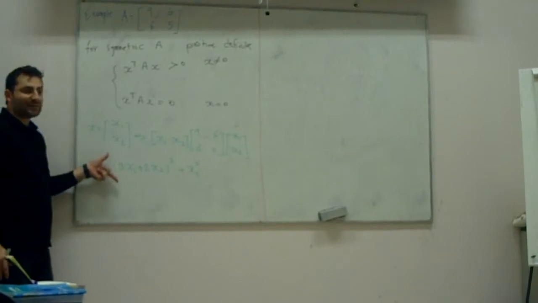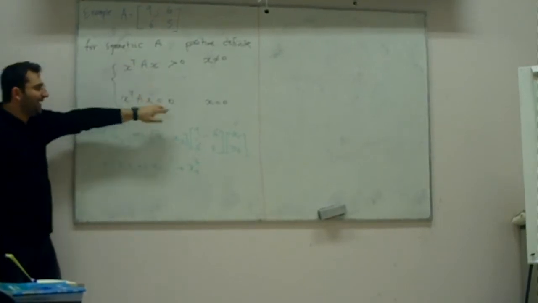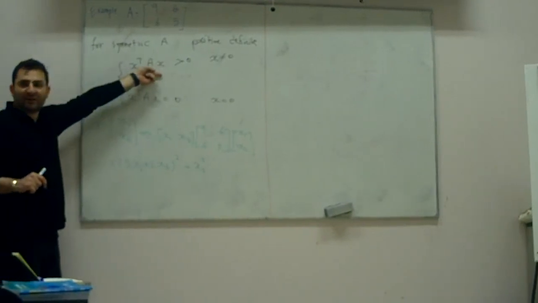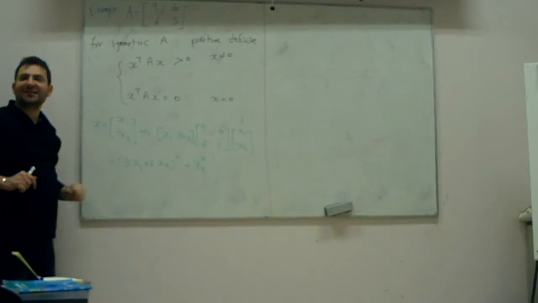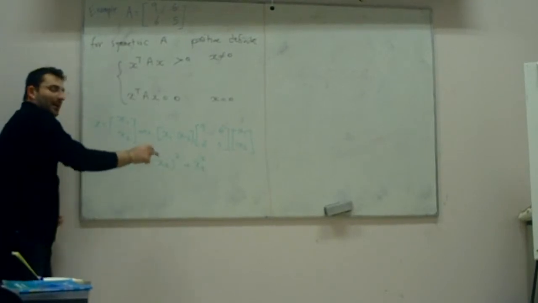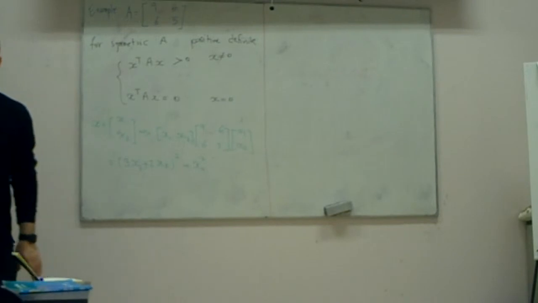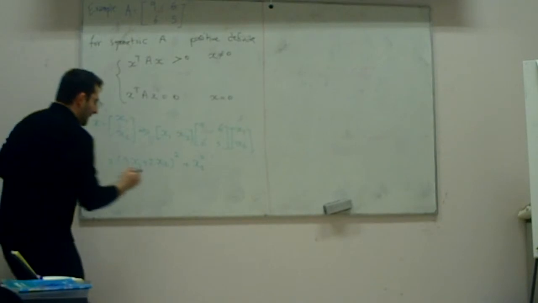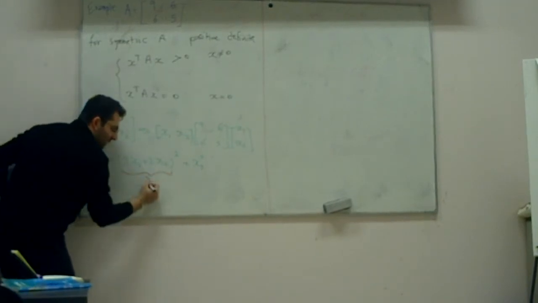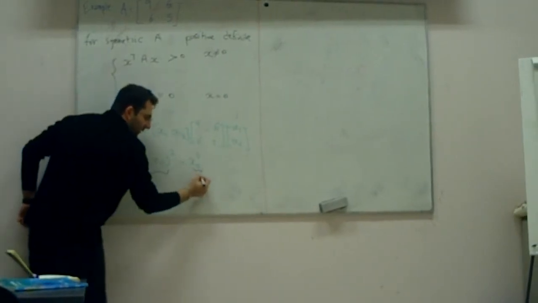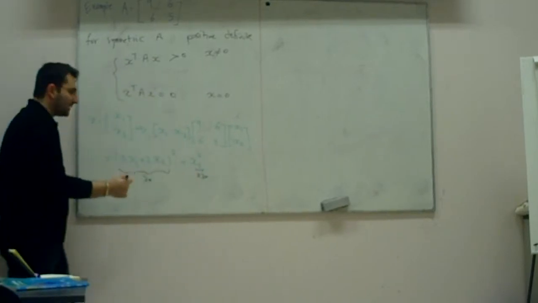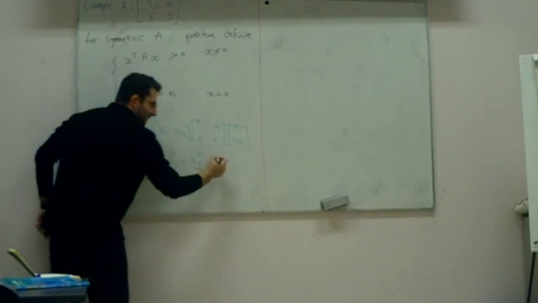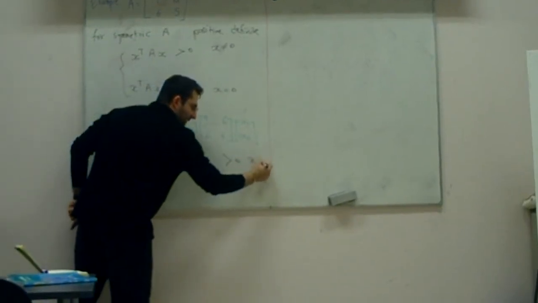Now we have to look at this expression and see that if x is not 0, do we always get a positive answer? If x is not 0, which means x1 and x2 are not 0, do we get positive results? Yes, always, because this is always greater than or equal to 0, and this is always greater than or equal to 0, and because they are not 0, the result is greater than 0 if x is not 0.